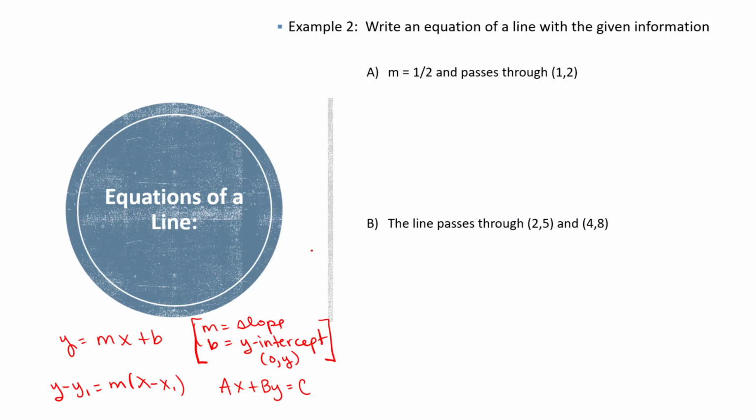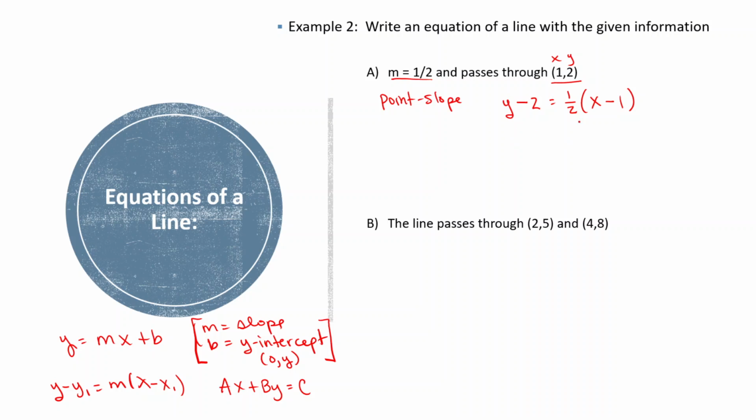Okay? So in this first one, they gave me the slope, and they gave me a point. So let's use point-slope. So I'm going to have y minus my y value equals my slope times x minus my x value.